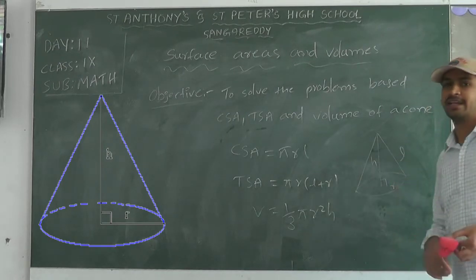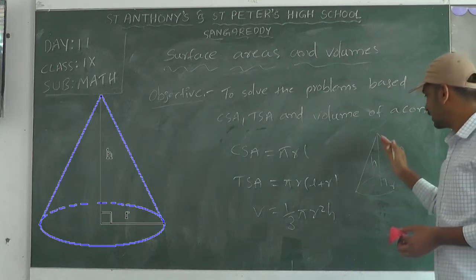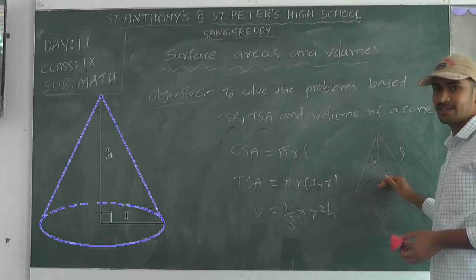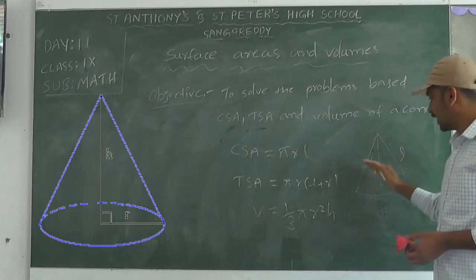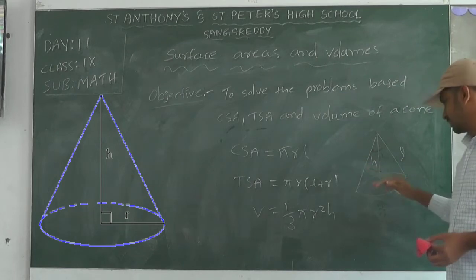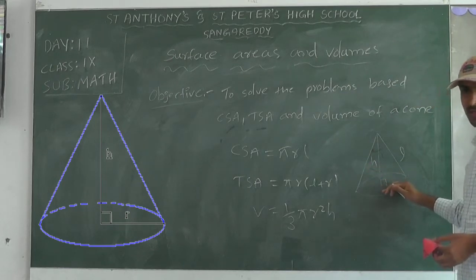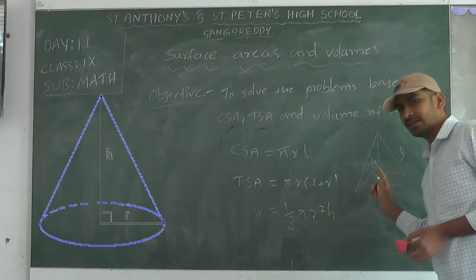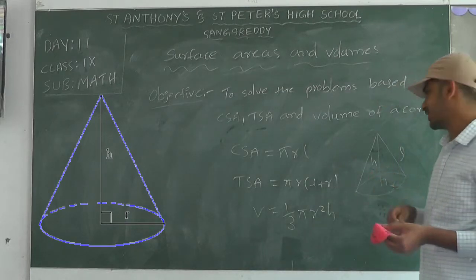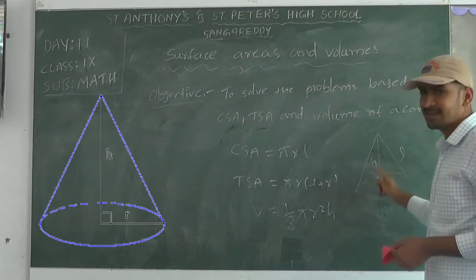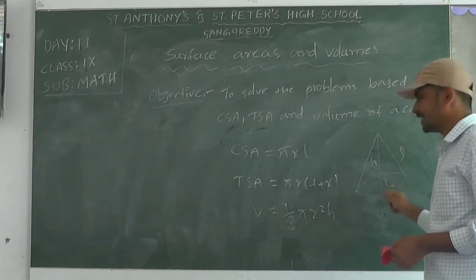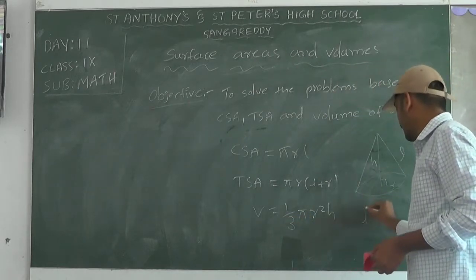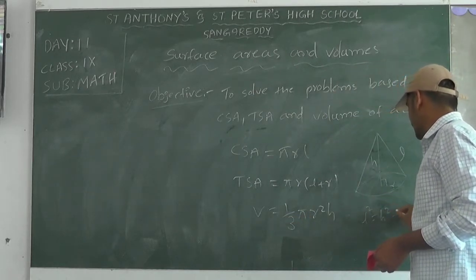It is a right circular cone, meaning the angle between the height of the cone and the radius of the base is 90 degrees. The height of the cone is h, the radius of the base is r, and the slant height of the cone is L. It is a right angle triangle, so we can apply the Pythagoras theorem: L square equals h square plus r square.